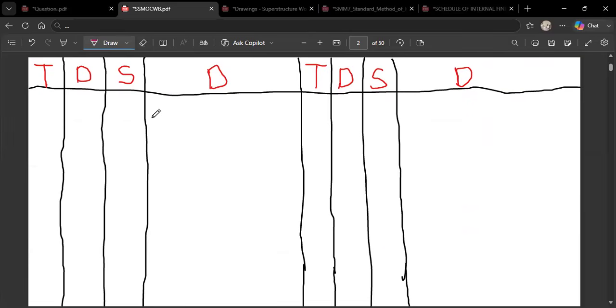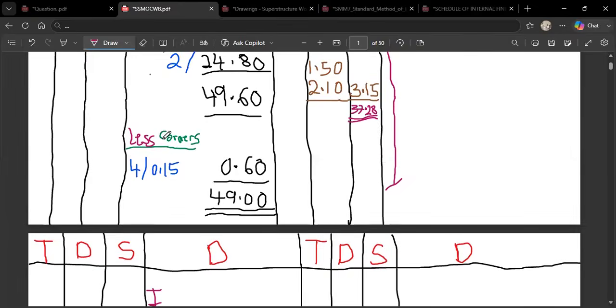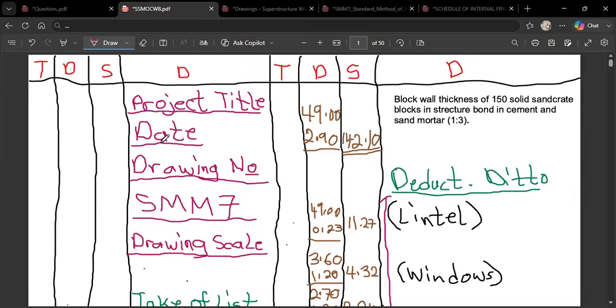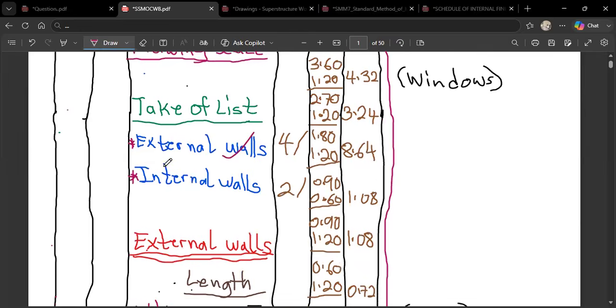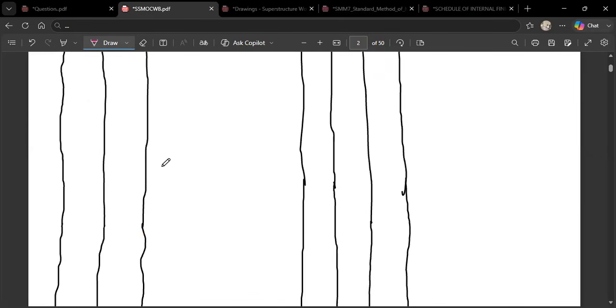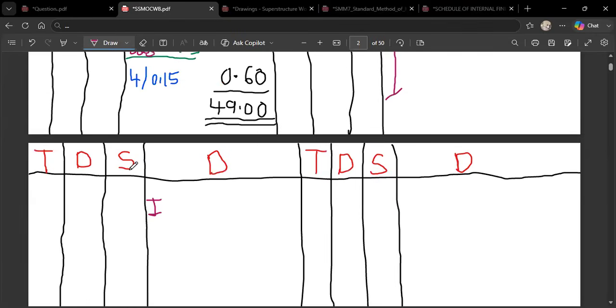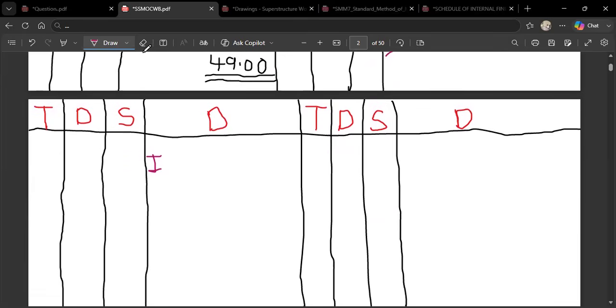So we want to take the internal walls. Then we talk about the internal walls, and then we see how best we can proceed or wrap up for today's class. So over here we are going to look at the internal walls.